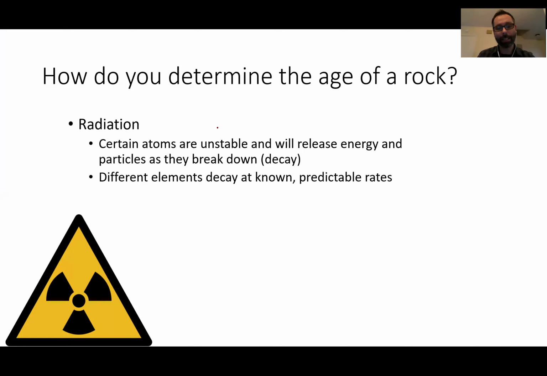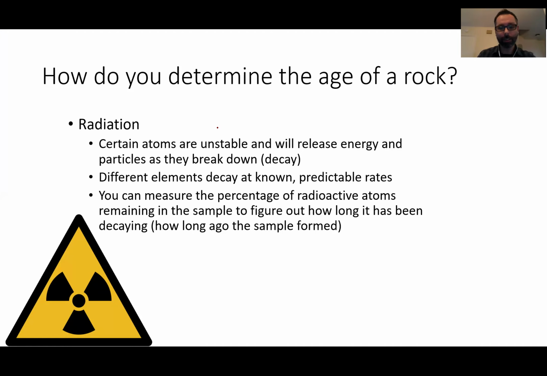This happens at a known predictable rate. So it's happening right now and it'll continue happening at the same basic rate that it's always been happening. And so, if you can measure how much radiation is remaining, how many atoms of radiation are remaining, then you can figure out how long it has been releasing energy in particles. The rock has been releasing particles, right?